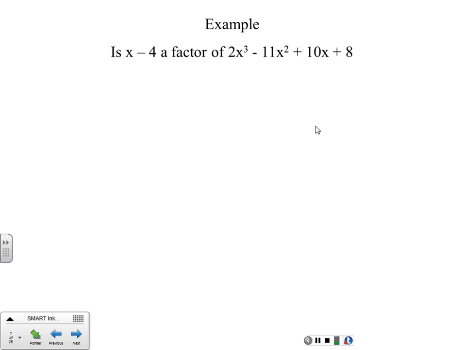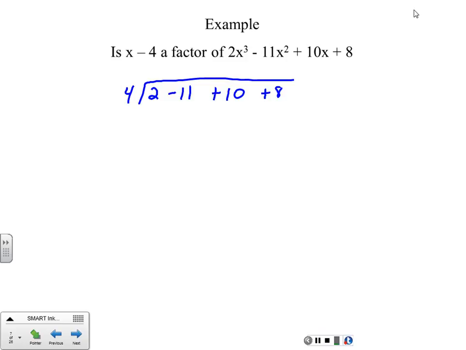All right, perfect test question. Is x minus 4 a factor of, and this is a third degree polynomial, 2x to the third minus 11x squared plus 10x plus 8? So what's going to go on the outside of our synthetic division? Good. And what's going to go underneath? 2, minus 11, plus 10, plus 8.